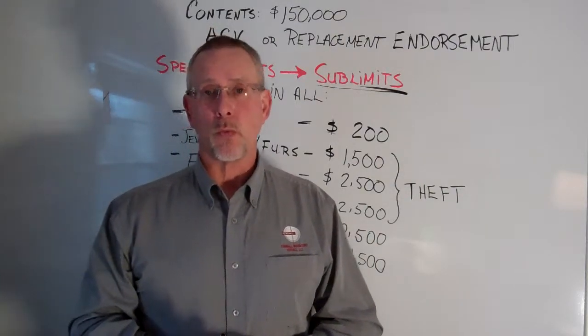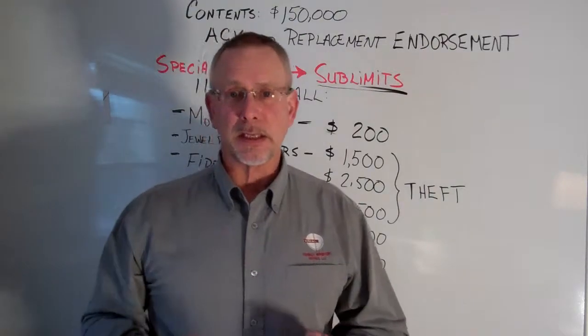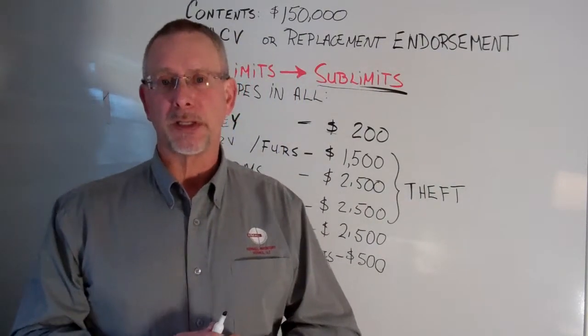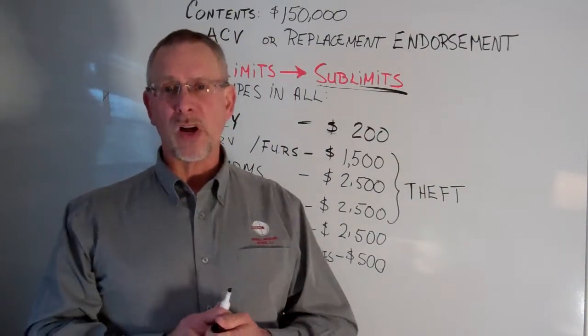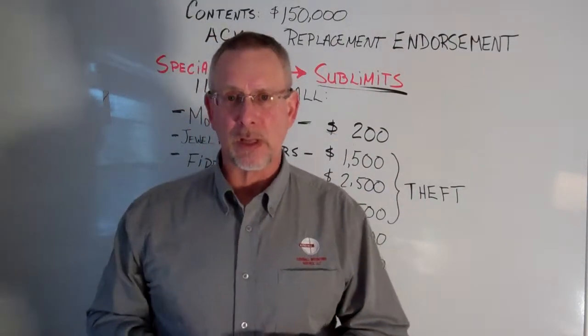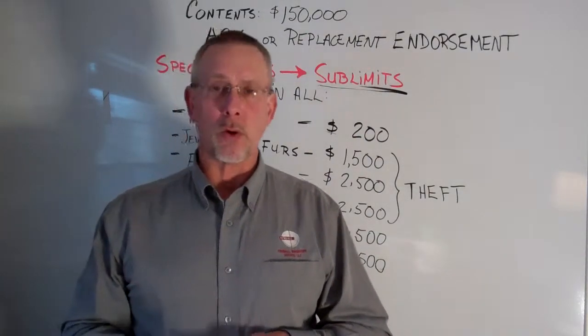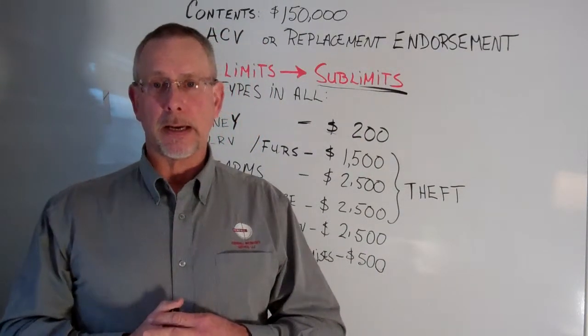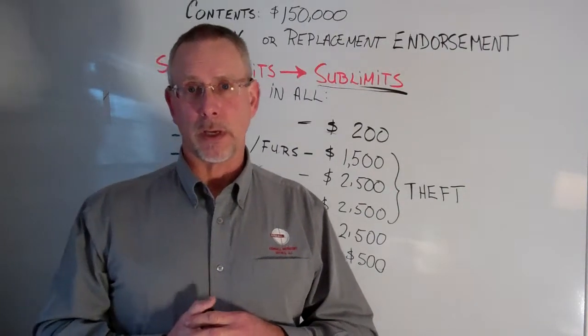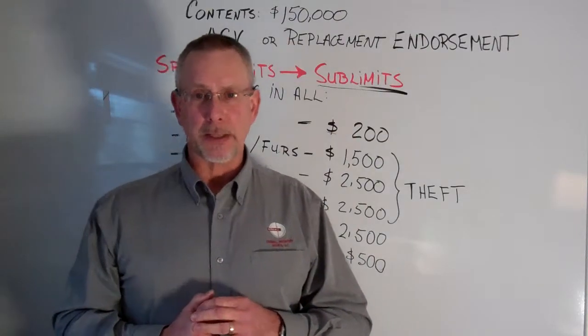The second reason is that these are the types of property that may present what they've termed a moral hazard. An easy way to define moral hazard is that these are items where the temptation to embellish or pad a claim may be present. So these are two of the reasons why the insurance company puts a sublimit within your policy.